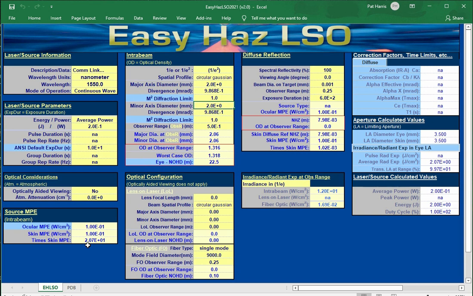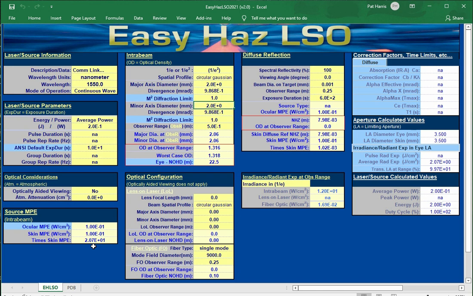The skin MPE for the intrabeam skin exposure is 20.7. Again, 200 milliwatts, there's a lot of the volume of your tissue absorbing this energy. So although you may feel it, it's not going to be much of an issue to you, other than you'll feel it and you'll move.